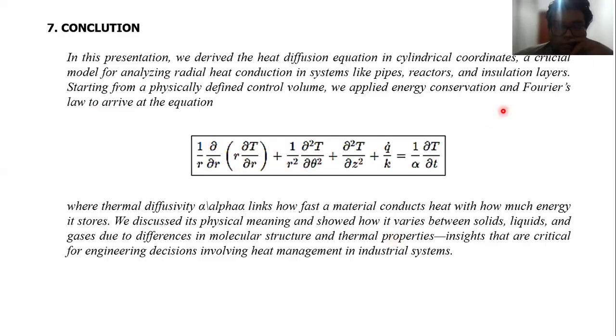And to conclude, we can say that in this presentation, we derived the heat diffusion equation in cylindrical coordinates. This is a crucial model for analyzing radial heat conduction in systems like pipes, reactors, and insulation layers. Starting from a physically defined control volume, we applied different principles, like energy conservation and Fourier's law, to get the second-order equation for diffusion in cylindrical coordinates.